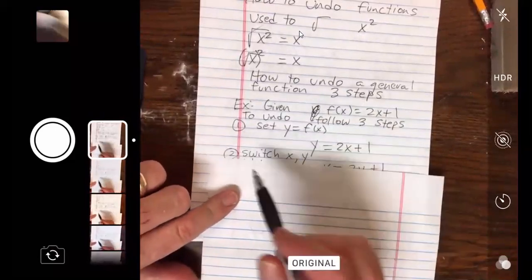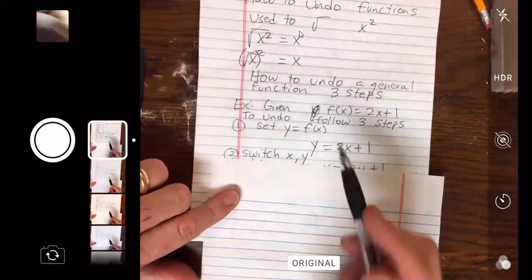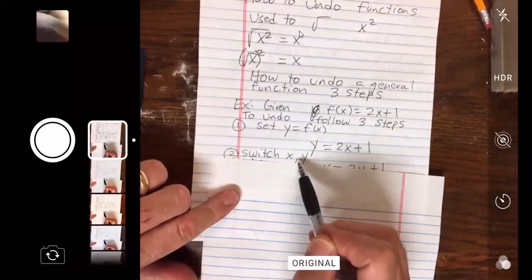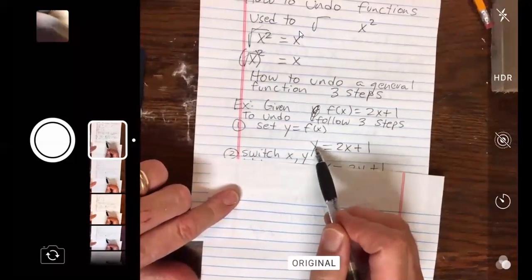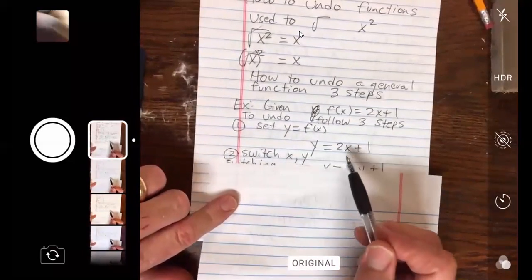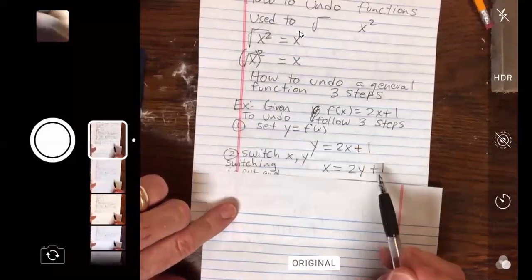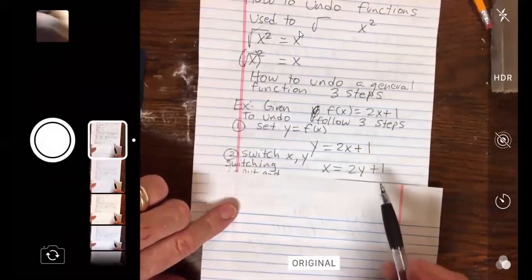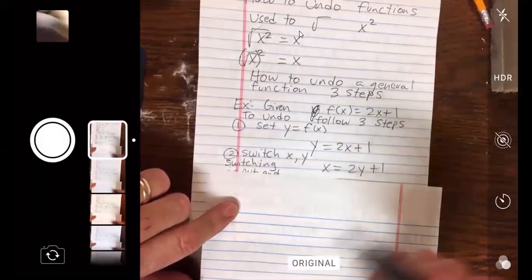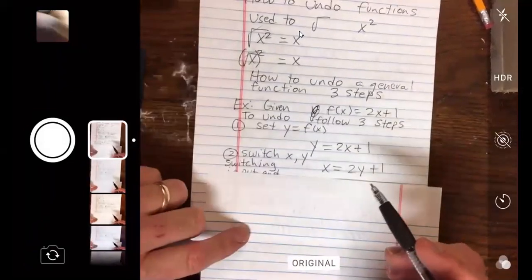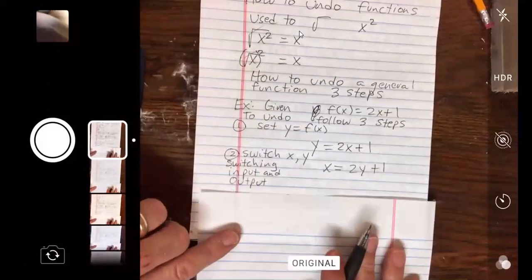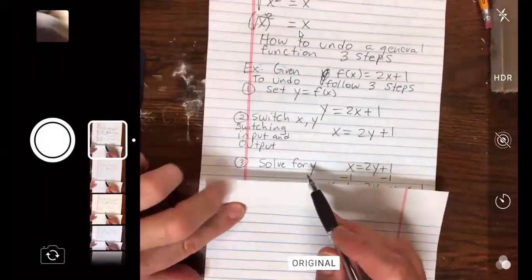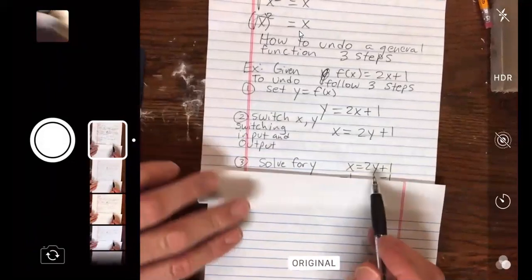Then step 2 is the key. You switch the x and y. Wherever there's a y, you put an x, and wherever there's an x, you stick a y. And that makes it look like this. Does this ring a bell? Have you seen this before? Yes, sir. So in step 3, you are solving for y, and you do whatever algebra you have to do.